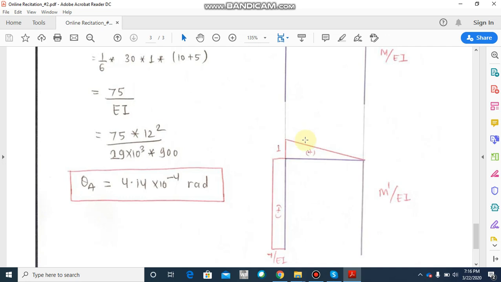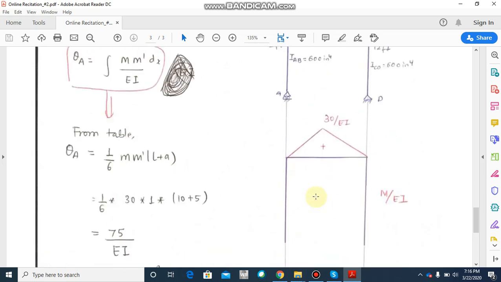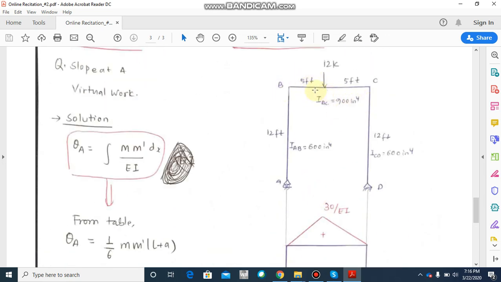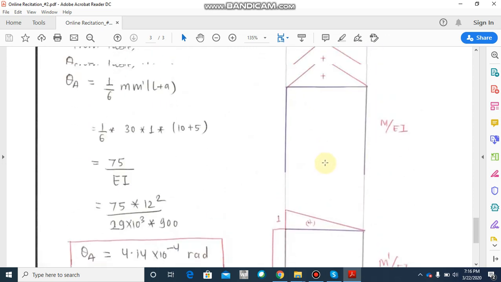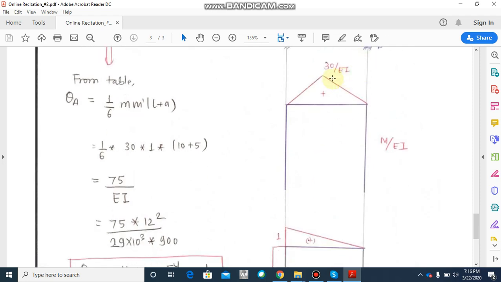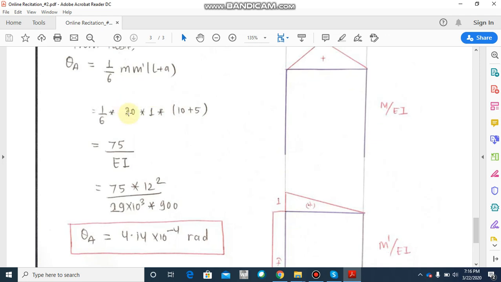So we only need to multiply this part, only on BC. We have given you a table for multiplication which will make your integration easy. If you use the table for such kind of triangles, you will find the integration will be 1 by 6 times a plus c... So after putting this value, I have got 75 by EI.